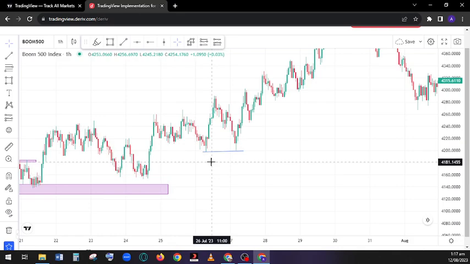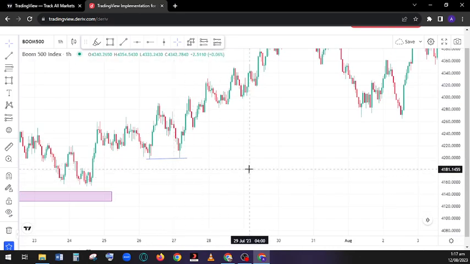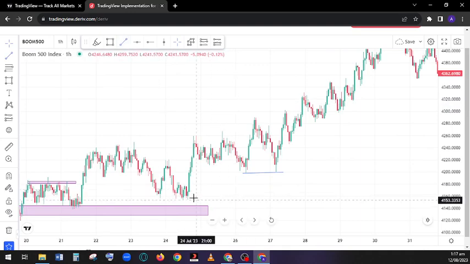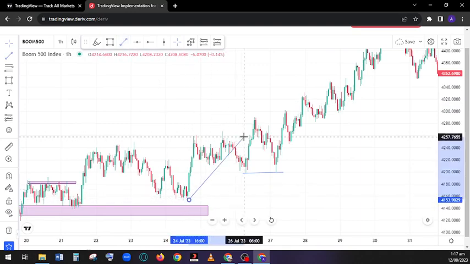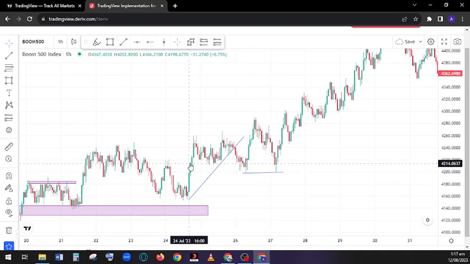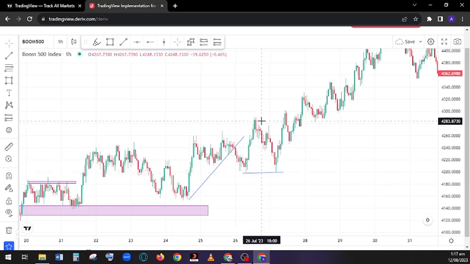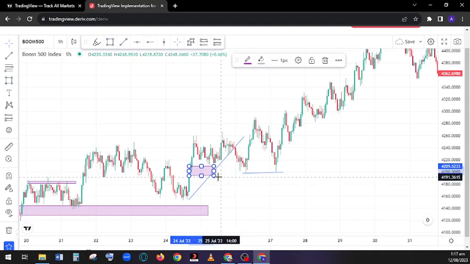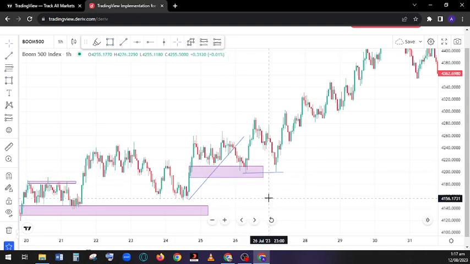Okay, here you can see also we can have this trend line here, and price taps beautifully into this zone here. Okay, and then it went. This is a valid demand. It's a valid demand.